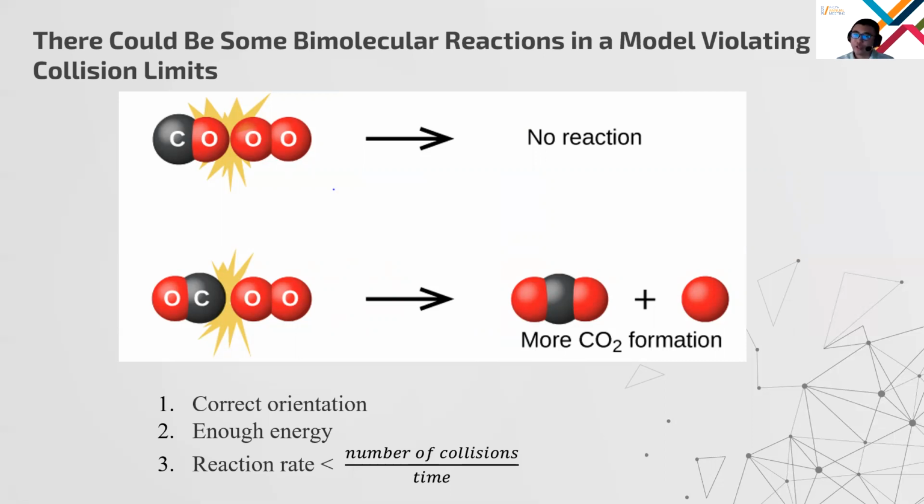In order for a reaction to happen, there are 3 prerequisites. The first is the correct orientation, the second is enough energy, and the third is that the reaction rate must be smaller than the collision rate, because the reaction rate is just the effective collision rate.